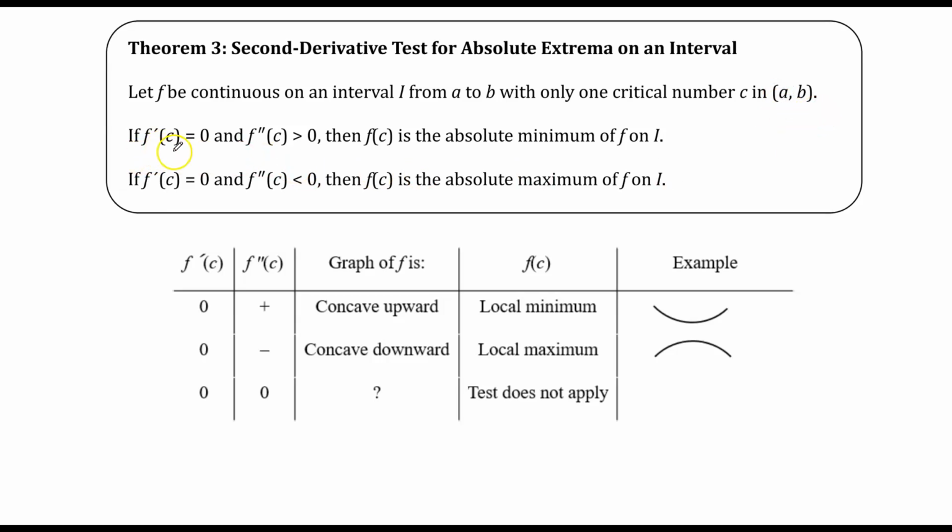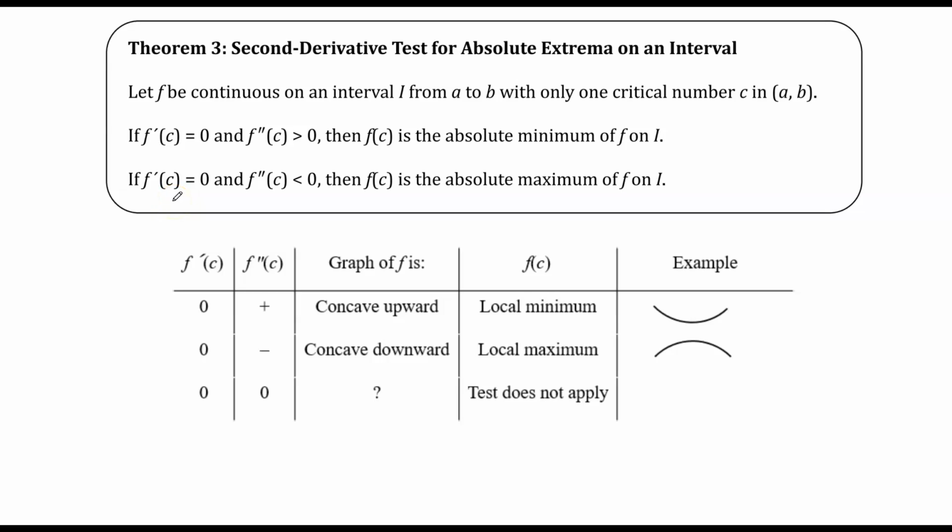If f prime of c is equal to 0, that means c is a critical number, and the value of the second derivative evaluated at x equals c is positive, then f of c is the absolute minimum on this interval.